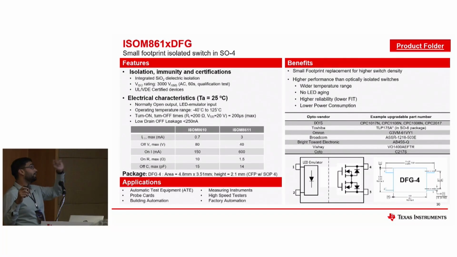The last one in the latest release in the optoemulator last year was the 8.6, ISOM 8.6 series. This is nothing but a replacement for opto relays. Especially in test and measurement applications, you would have seen a lot of relays being used to switch signals from one port to another.